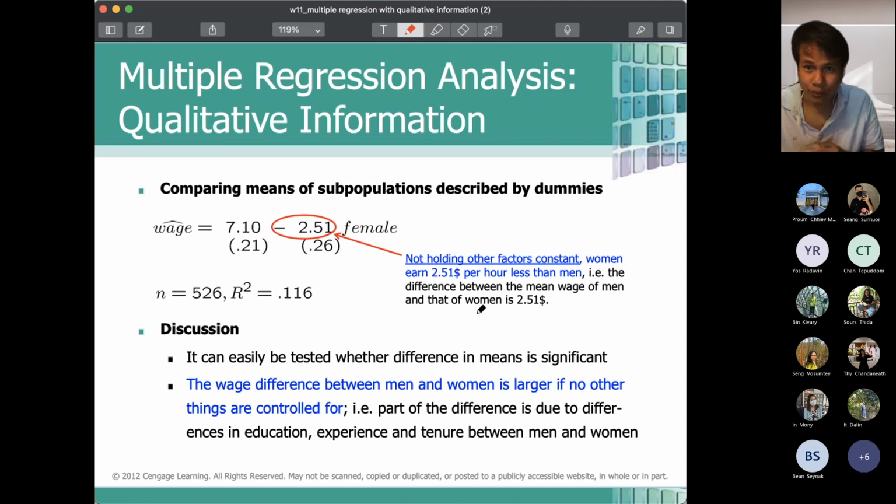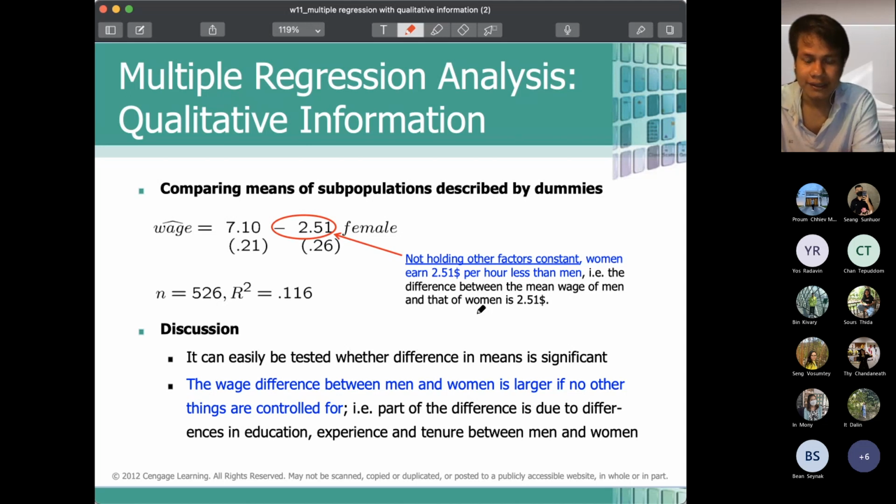Right? That's what you understand from why we use multiple linear regression rather than simple linear regression. So that's why multiple linear regression is important to address the ceteris paribus condition. All right? But here, at least you can look at the starting point.